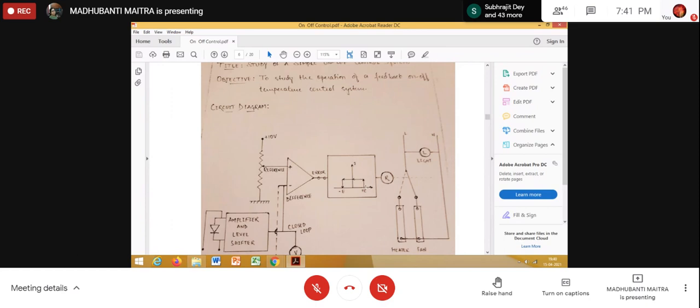Now if the temperature of the plant is 75 degrees, then what will be the status? The reference input is 70 degrees and the feedback voltage, or feedback temperature, or the plant's temperature, is 75 degrees, or say 74.9 degrees.